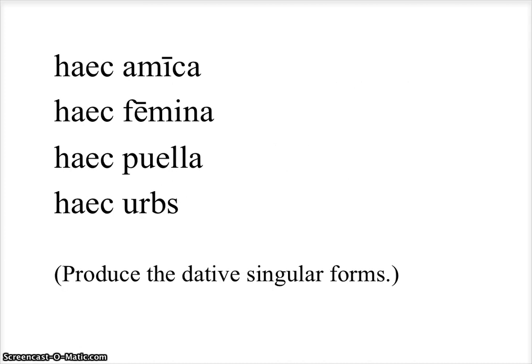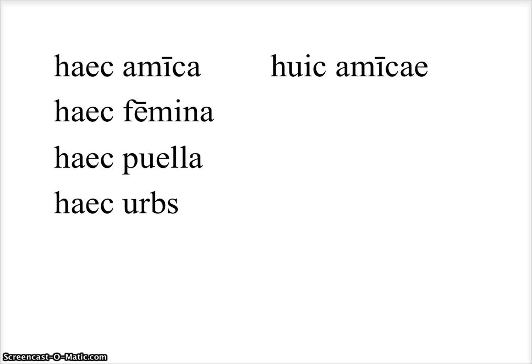Let's do the same thing with some feminine forms. But now let's produce the dative singular. Haec amica, this friend. Let's say to or for this friend. Huic amicae. Haec femina, this woman. Let's say to or for this woman.